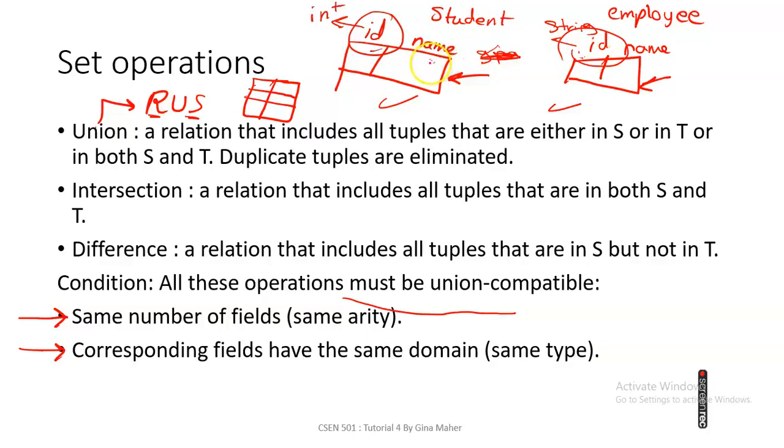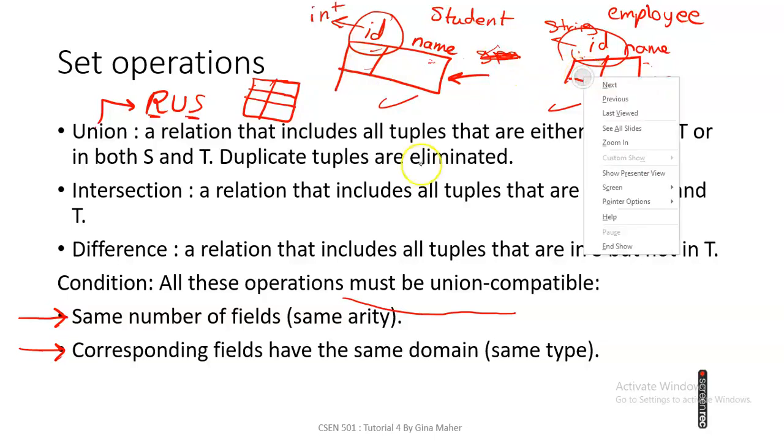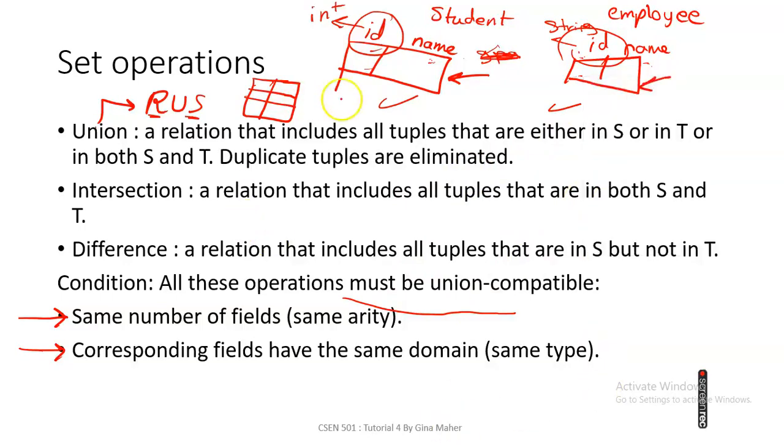If this has type string, then this should have type string as well. So the two conditions to make sure that the relations are compatible are that each relation has the same number of fields and the corresponding fields have the same domain. In this case, the relations will be compatible and a union can be done between them.